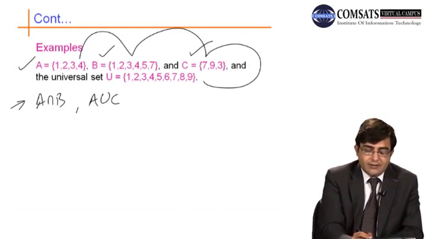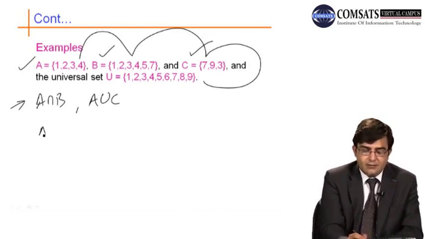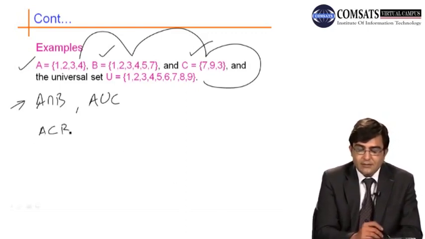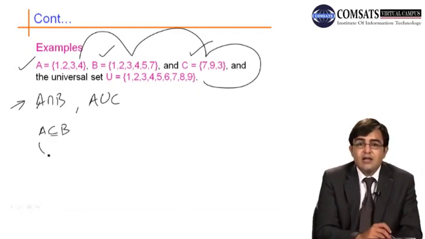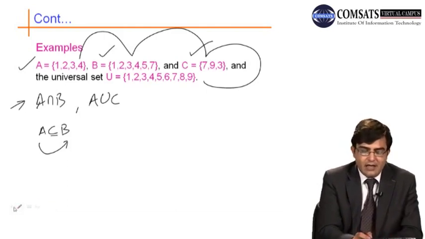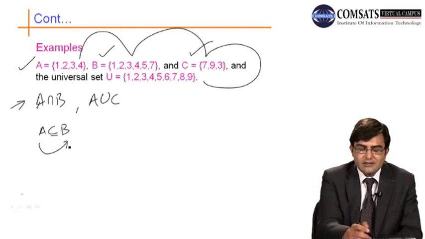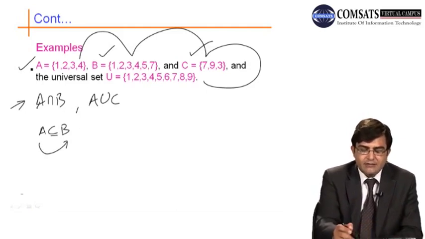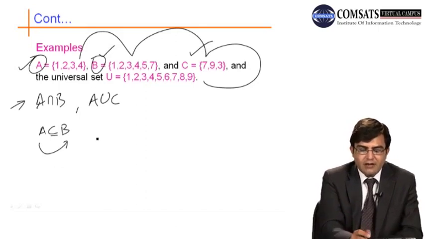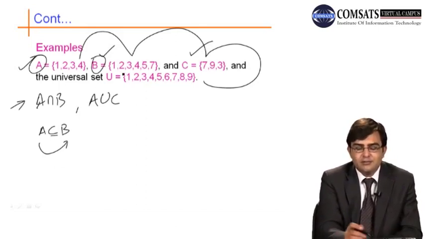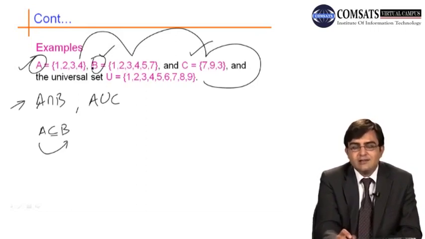If we say that A is a subset of B, what does it mean? It means that every element of A is also an element of B, or every member of A is also a member of B. For example, here we have taken A and B. A is a subset of B because 1 belongs to A, 1 belongs to B, 2 belongs to A, 2 belongs to B, 3 belongs to A, and 3 belongs to B also.